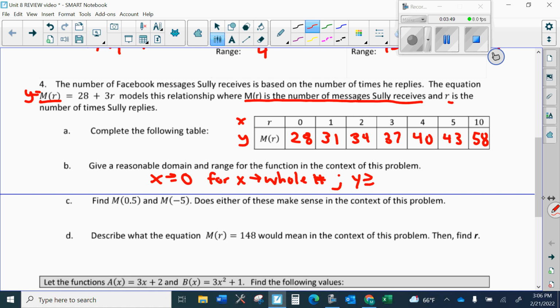He could receive anything from 1 greater, but here it's going to say if he gets 28 messages, he's going to have 0 replies. He's going to reply to 0 of them. So 28 plus, again, and y is a whole number.